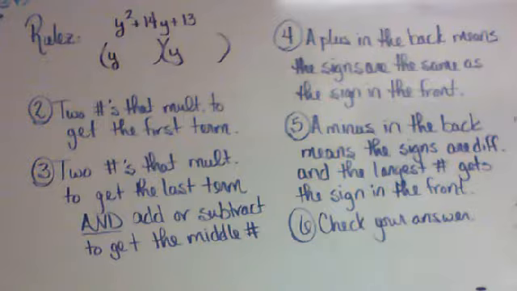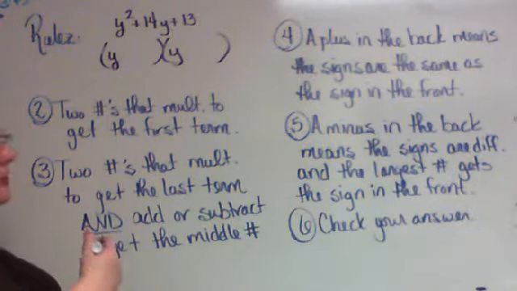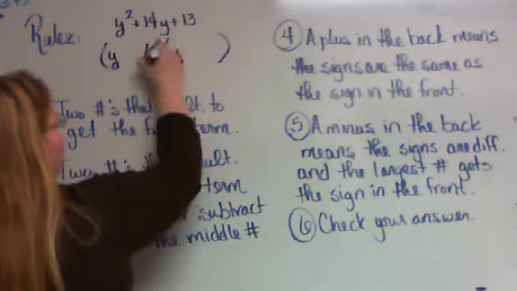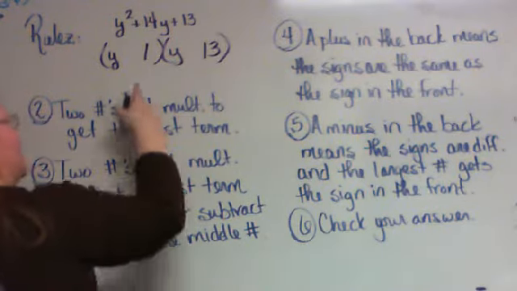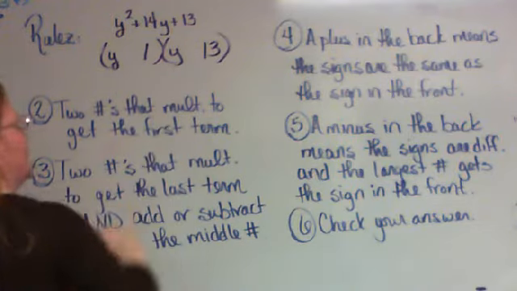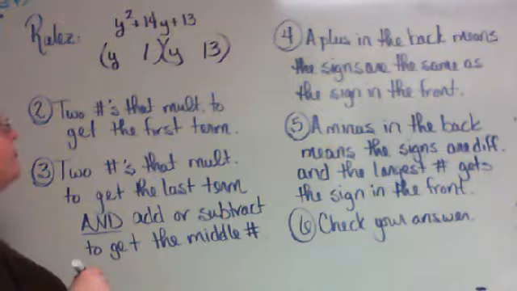Well, the only numbers that multiply together to give you 13 are 1 and 13. Do 1 and 13 add to give you 14? Yes, they do. So I put a 1 here and a 13 here. Now if you put your 13 here and your 1 here, that's okay for this problem. Doesn't matter which one goes where.